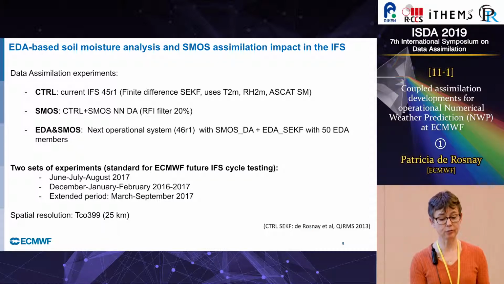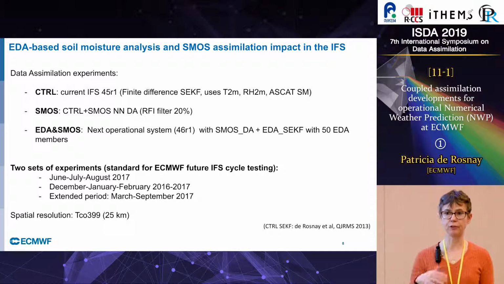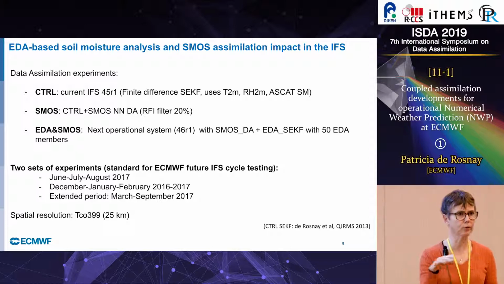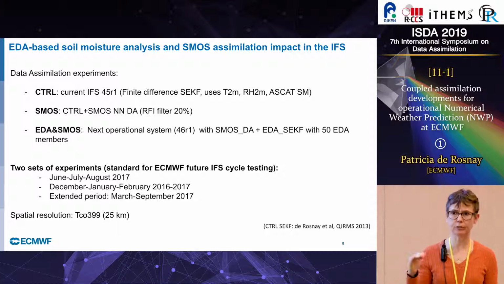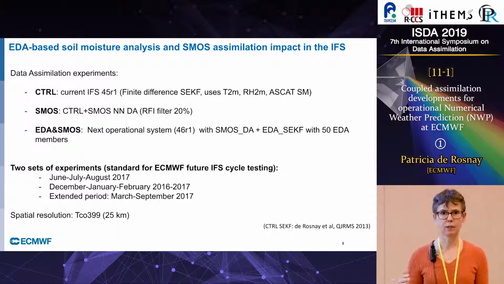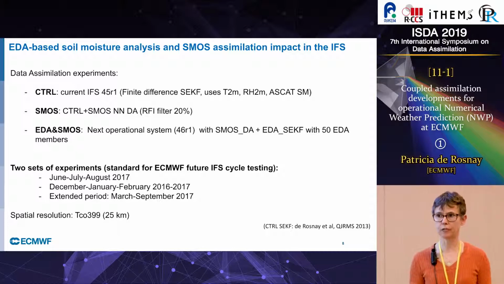And then we have another experiment called SMOS here, where on top of that, we assimilate the SMOS neural network soil moisture observations. And we filter out the radio frequency interferences, because maybe you know the SMOS product is affected by interferences. It's a passive signal which is at a very low energy level and very sensitive to devices emitting at L-band.